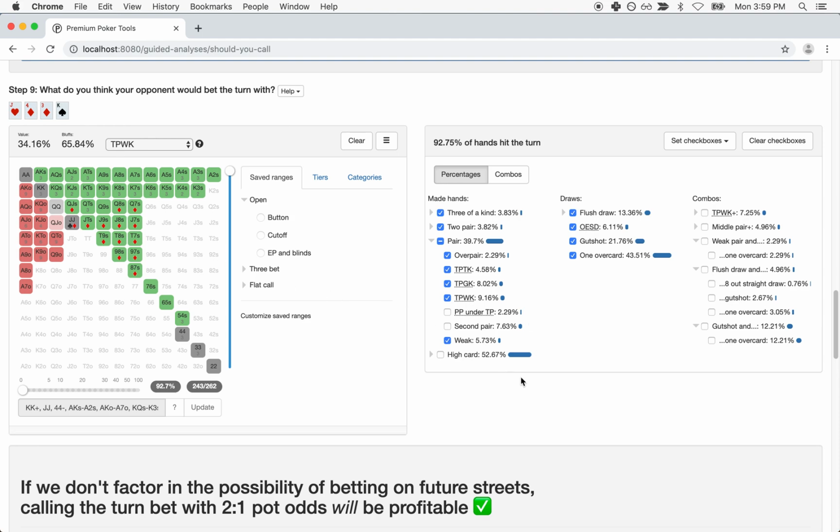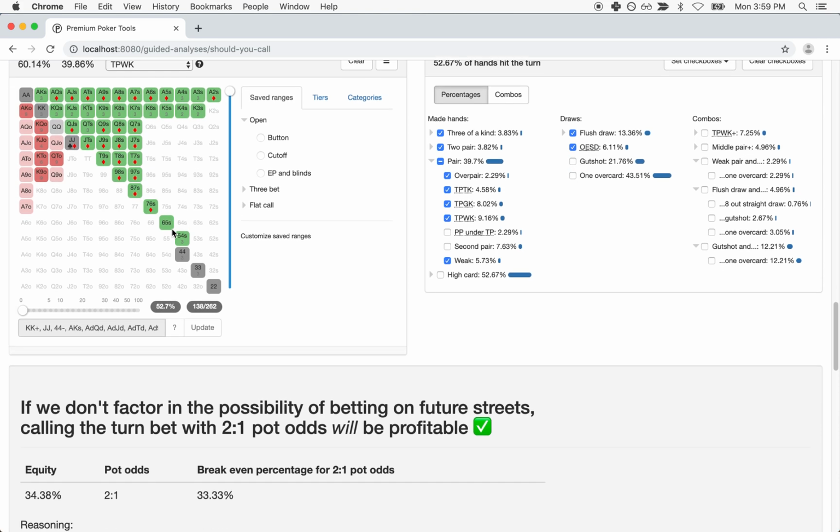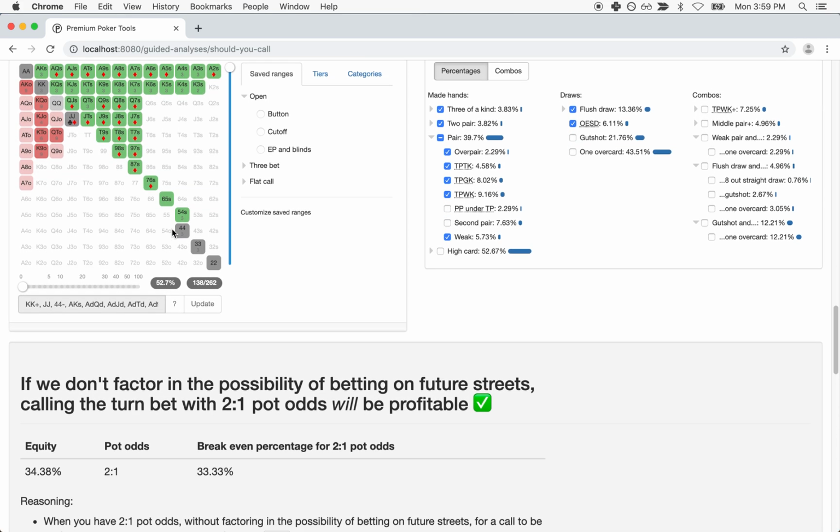Now we can tweak these assumptions, and say that maybe they're not betting their gutshots, and they're not betting all of their one-overcard hands. So against this opponent who is more value heavy, we can see how that changes things. Now our equity went down to about 34%.